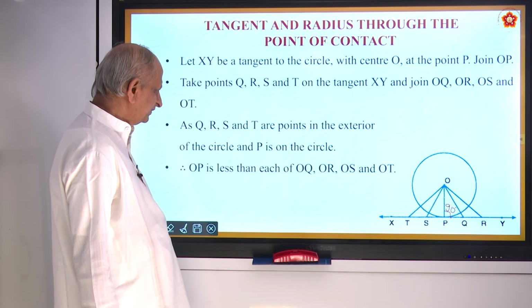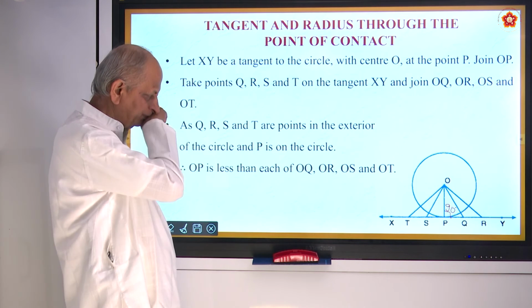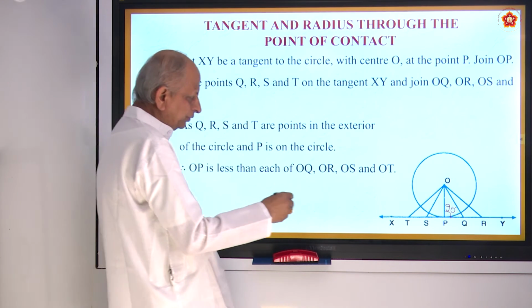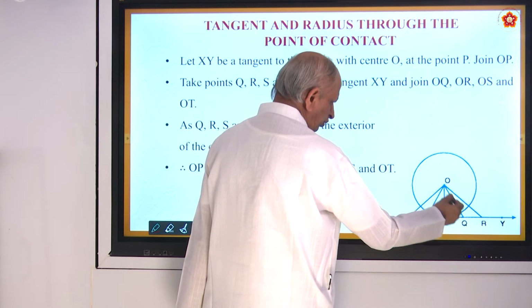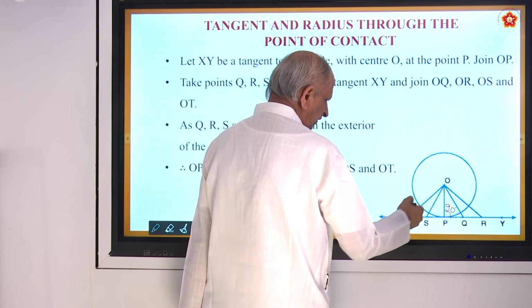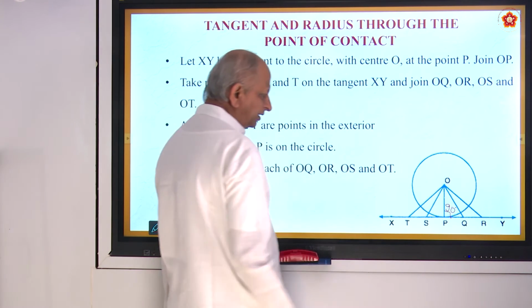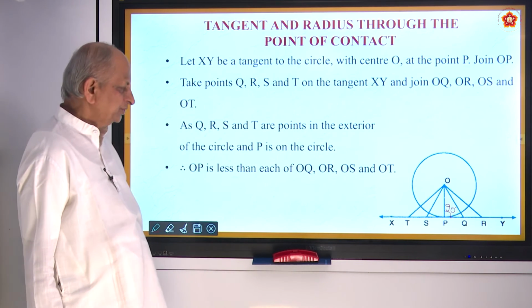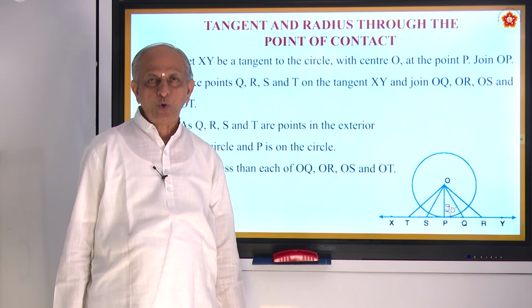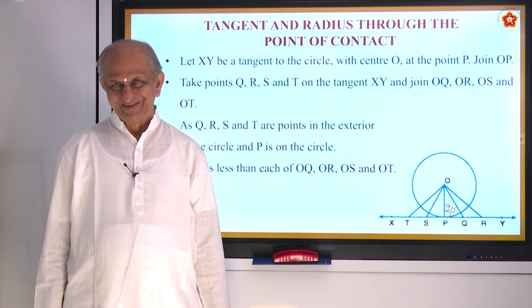So OP is less than all others. OQ, OR, OS, OT, etc. are all longer distances. Shortest distance is OP, is it not?